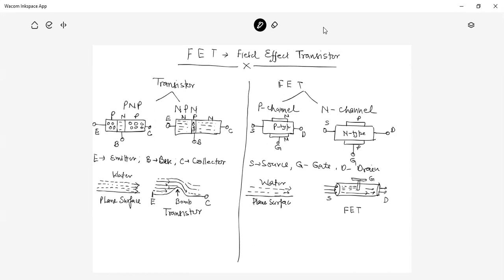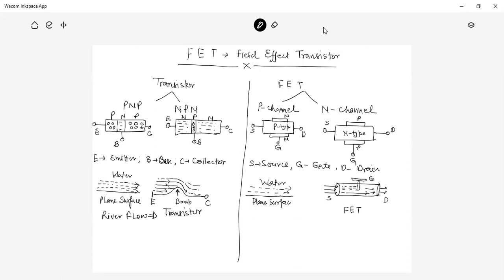So what basic difference are you observing? Here there is a bump, and this can be, take the example of natural flow of water, or say river flow. River flow of water is transistor.